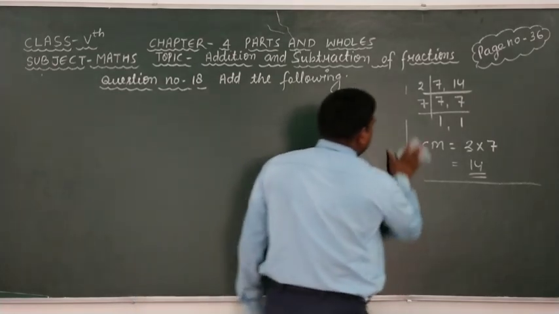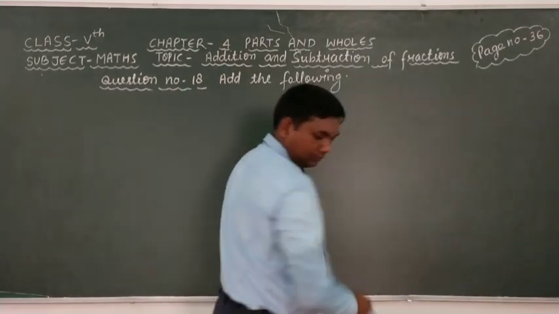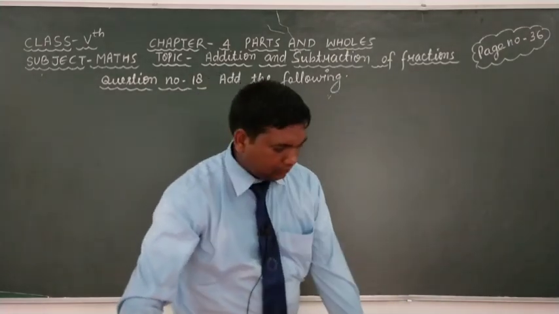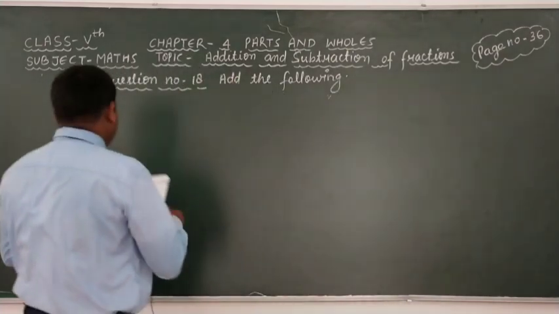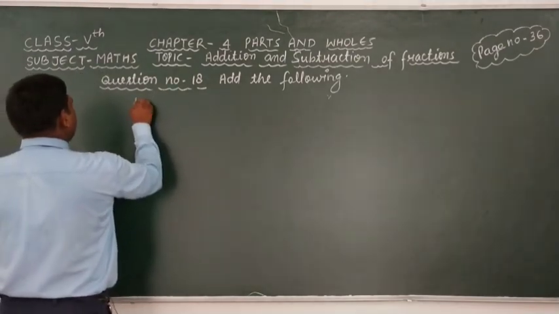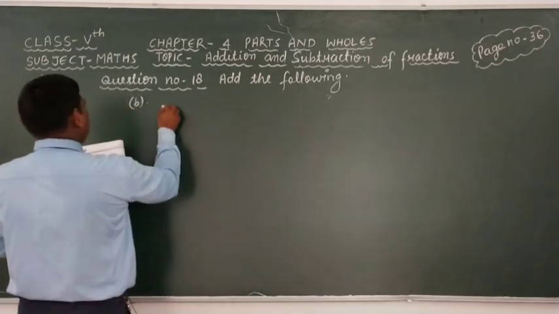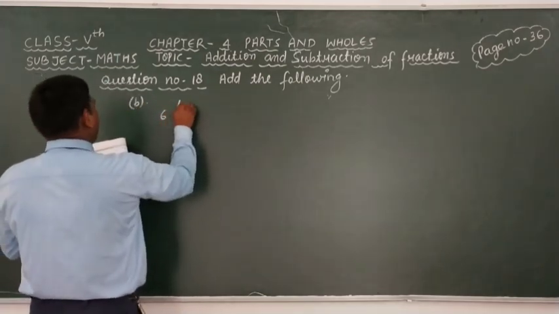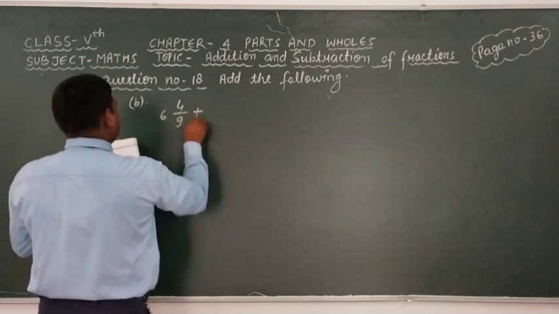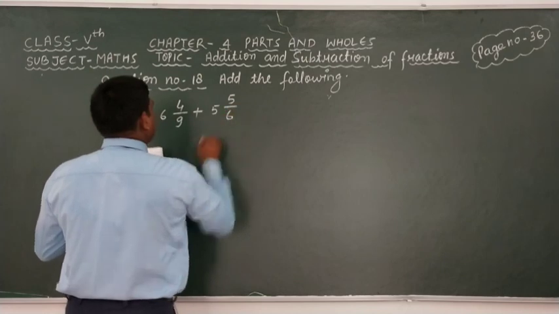Now let's start question number 18 of B. Here given 6 whole 4 over 9 plus 5 whole 5 over 6.